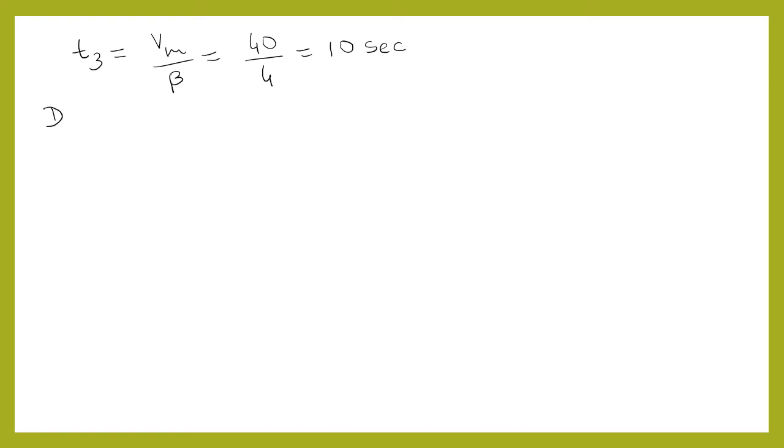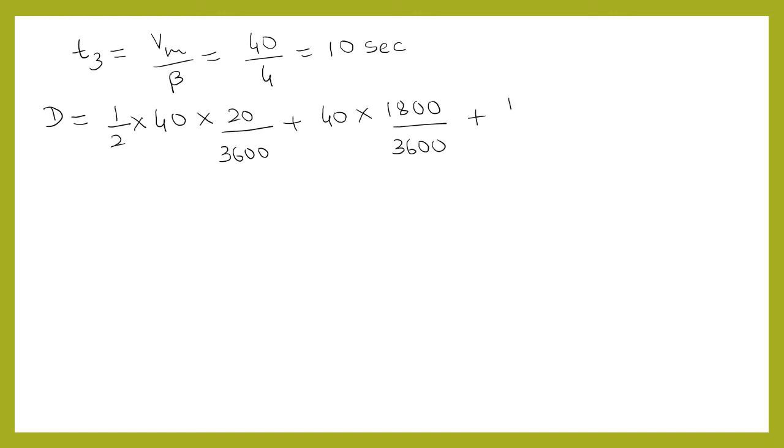Now we can calculate the distance between stations D. It is half into 40 into 20 by 3600 plus 40 into 1800 by 3600 plus half into 40 into 10 by 3600. Solving this, we get the value of D equal to 20.17 kilometers.